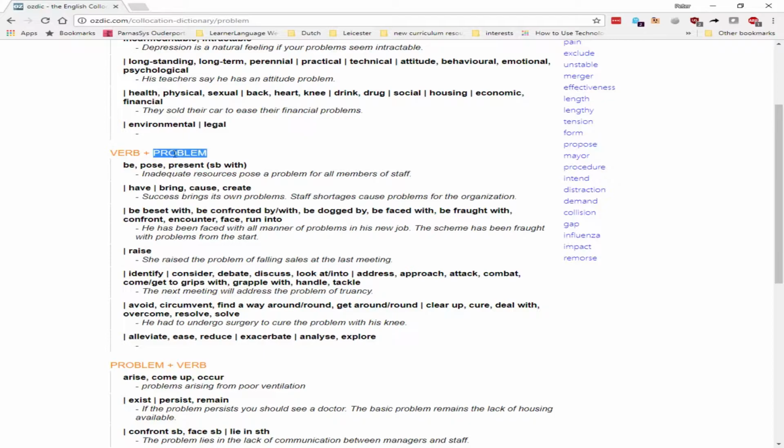And understanding which verbs we can use together with which nouns means that when we choose collocations, we choose words which readers can predict. And if a reader can predict a word, they will read your text very, very quickly.